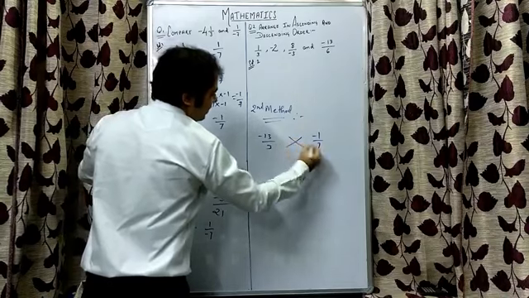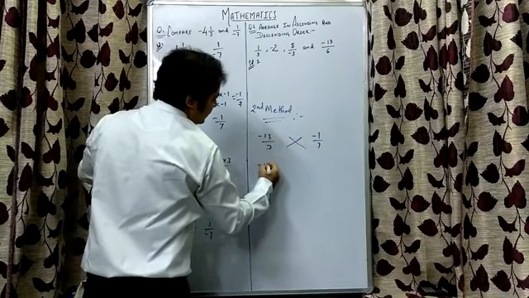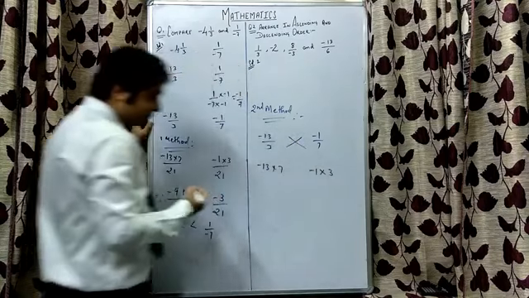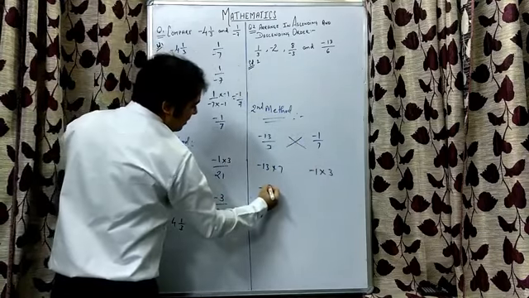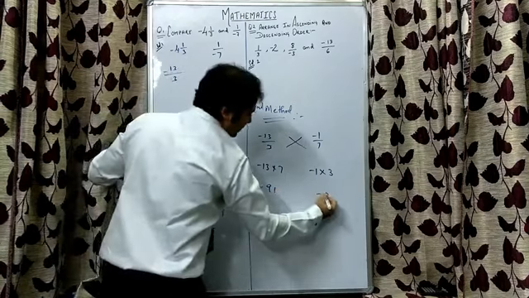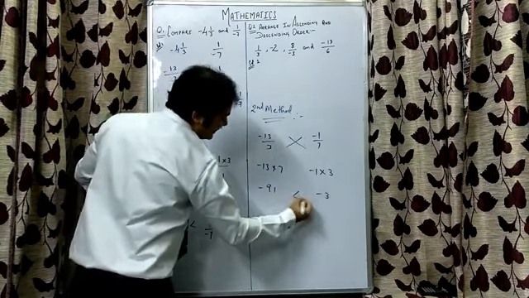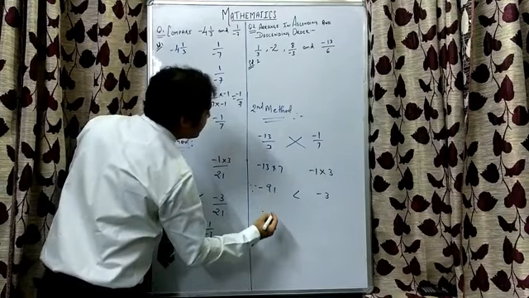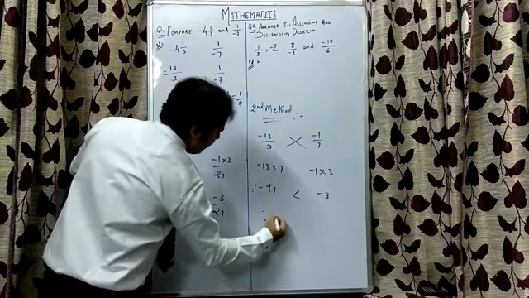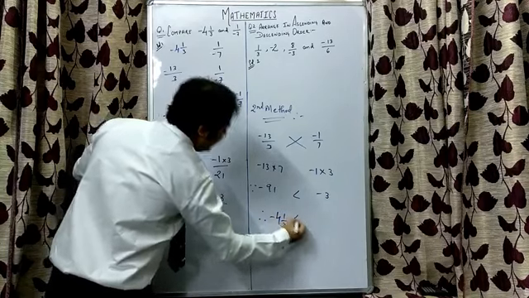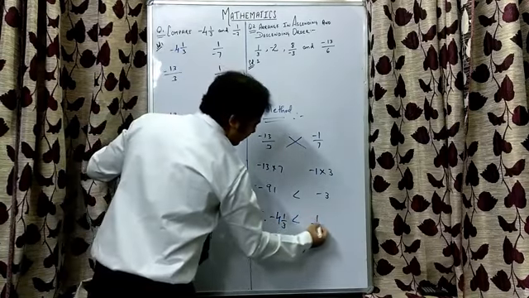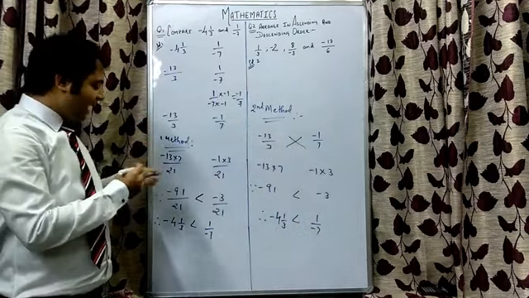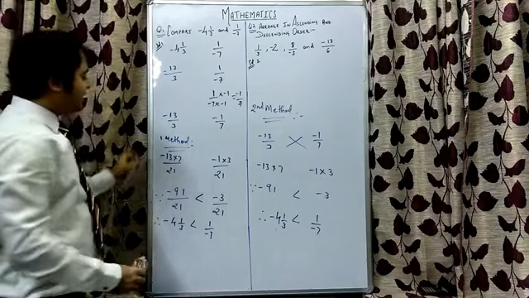Now we will cross multiply this. -13 into 7 will give me -91 and -1 into 3 will give me -3. So -91 is less than -3. Therefore, -4 1/3 will be less than 1 by -7.